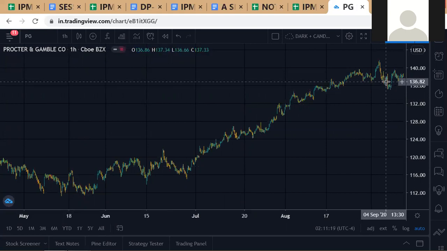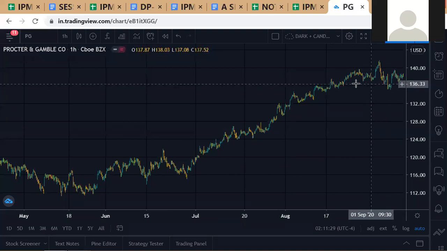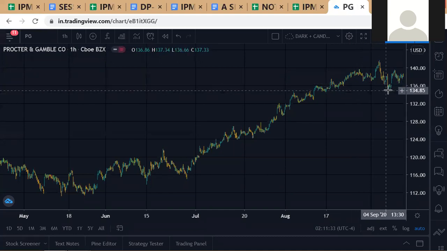It happened around 4th of September, when this low was broken after making a new high. Then this low was broken, so you no longer have higher lows. You have a lower low. This low is lower than this low. So the condition is broken. Uptrend is neutralized.